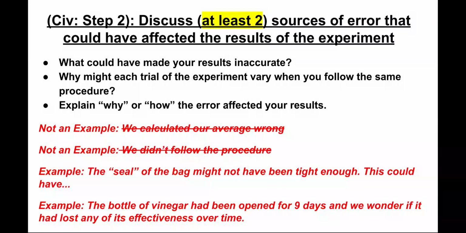Another example here, the bottle of vinegar had been opened for 9 days, and we wonder if it had lost any of its effectiveness over time. The reason we believe this is because we saw leftover baking soda in the liquid of our graduated cylinder each time we did the experiment.